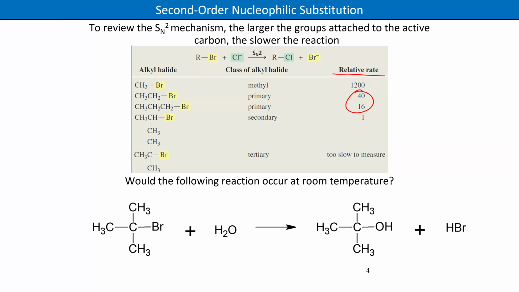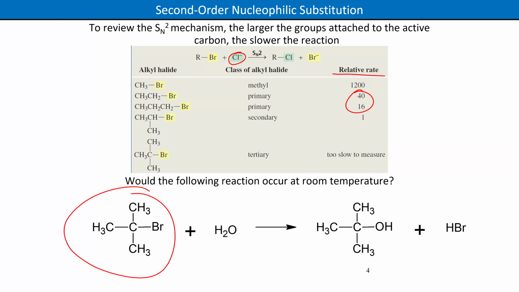And this is just with chloride as our nucleophile. Chloride is not a particularly strong nucleophile, but it turns out it doesn't really matter how good a nucleophile you have. We see the same reaction pattern for SN2. So if we're just looking at this reaction, we would expect it to not happen at room temperature.